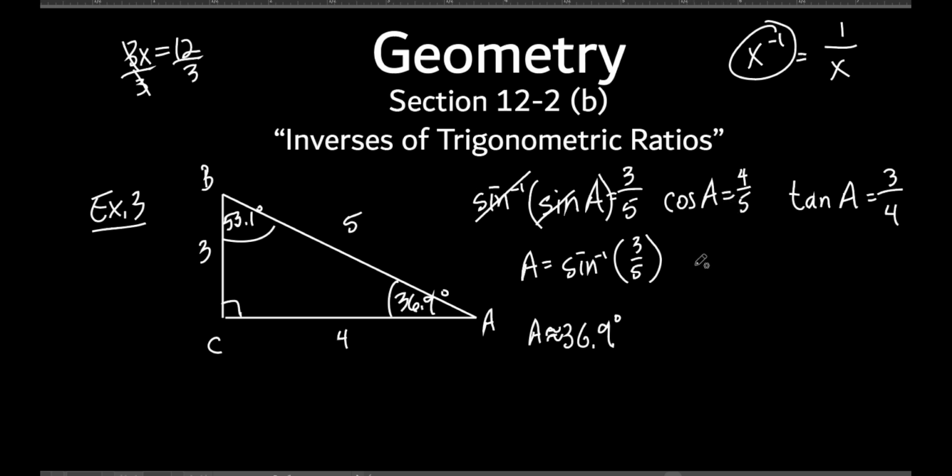So like right here. What is A equal to right there? Well, I'm going to take the inverse cosine, which means the cosine will cancel out, but I also have to take the inverse cosine of the other side. So I'm going to go inverse cosine of 4/5. Now, this is where it's kind of cool, because you're like, how in the world could that possibly be the same number?